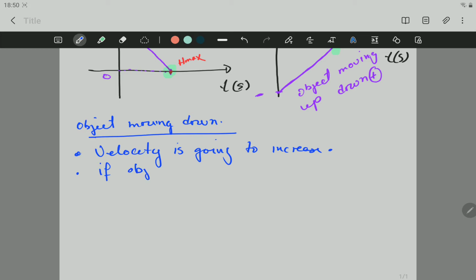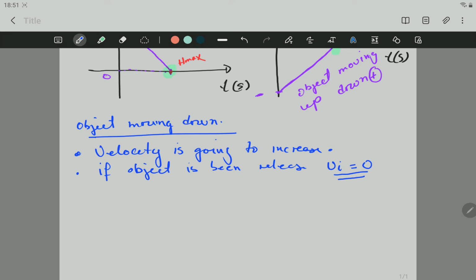Remember, when I say object, I refer to projectile. It's not any object, it's just a projectile. If the object is being released or dropped, then the initial velocity is equal to 0.